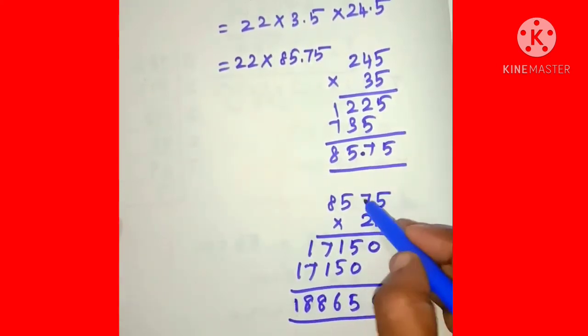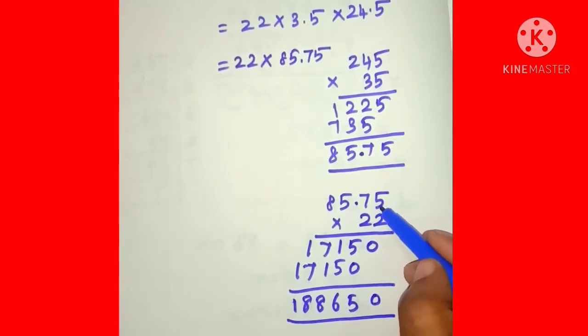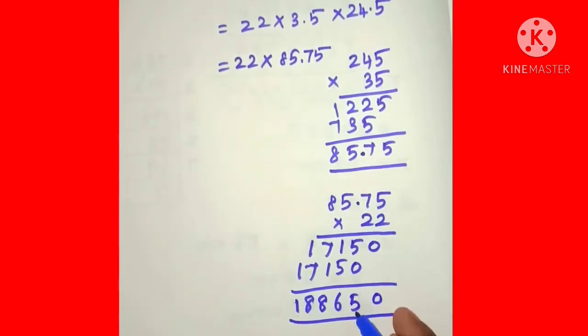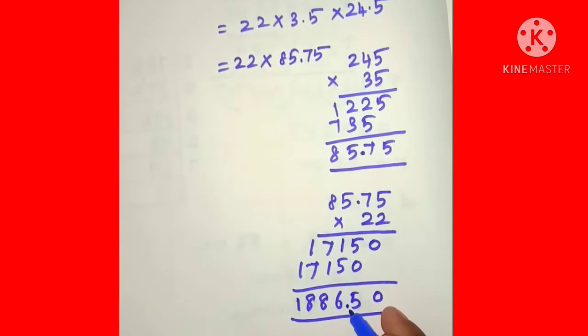So students, here there are 2 digits in the decimal part. So we have to put the decimal point before 2 digits from right to left, 1, 2. So there will be a decimal point between 6 and 5.